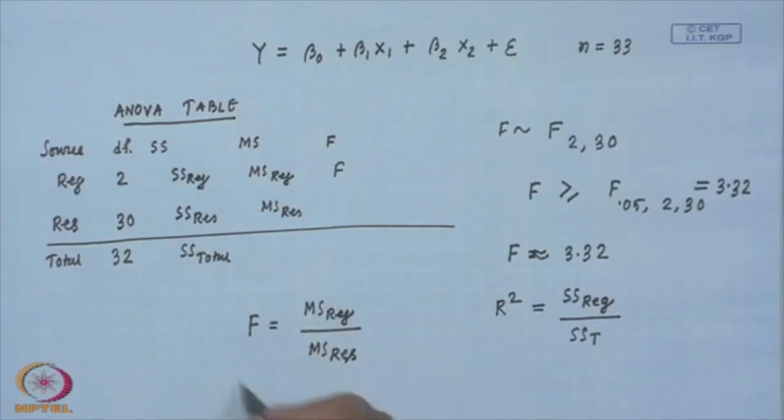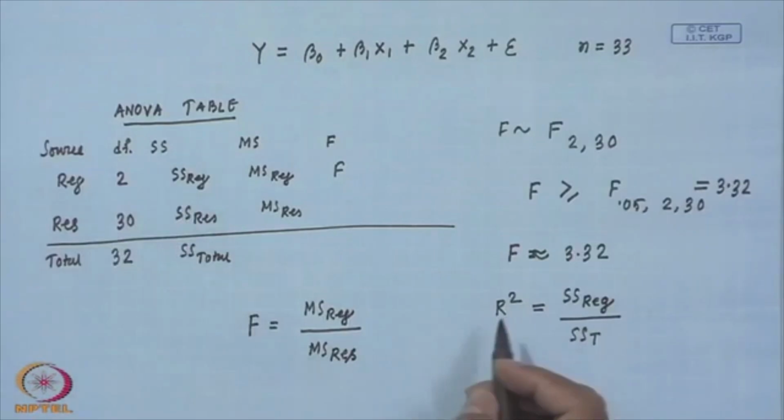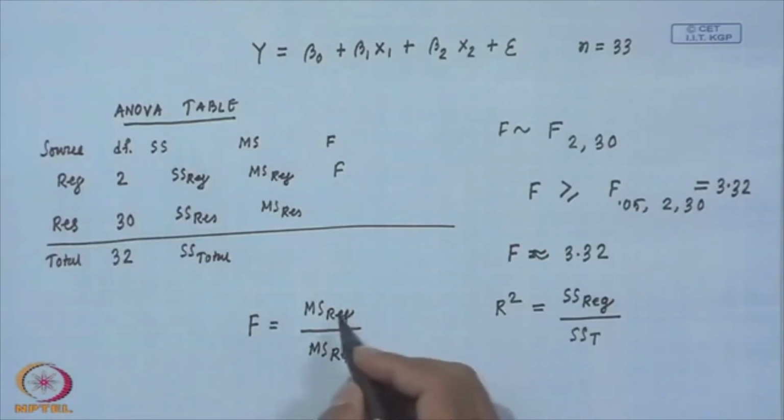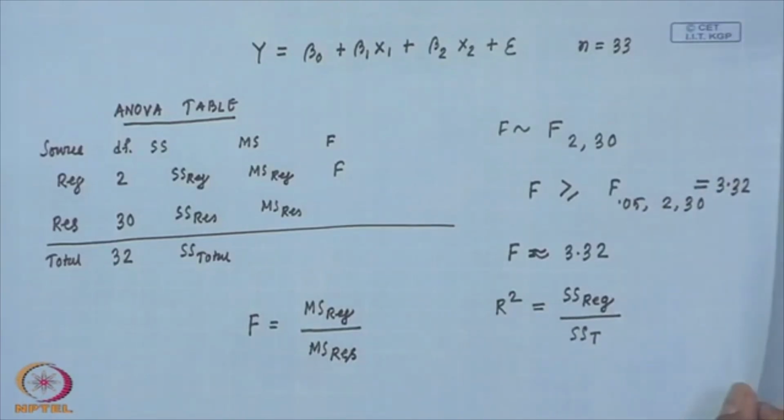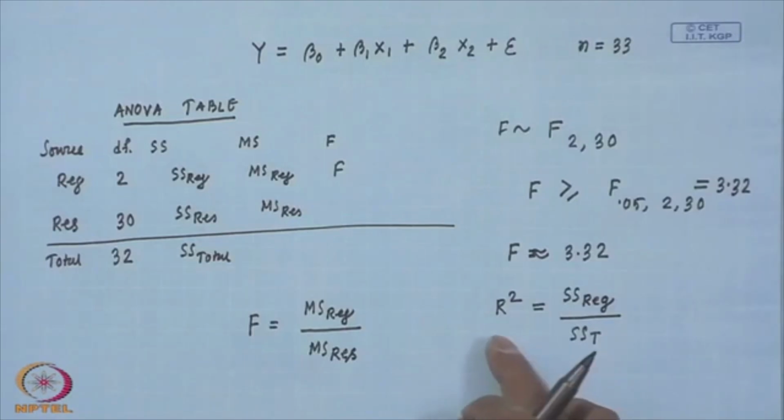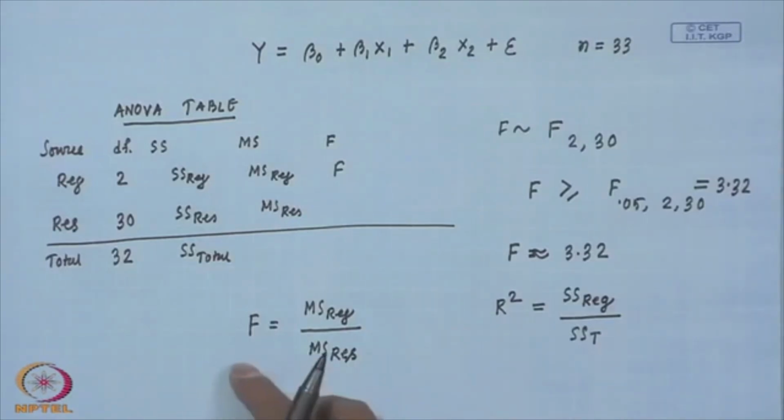So, you know the F value, you know their degree of freedom, but of course, you do not know separately the MS regression value and MS residual value. From F you have to compute R square. Okay. So, this is the problem. Well, we will see whether this R square can be written in terms of F.